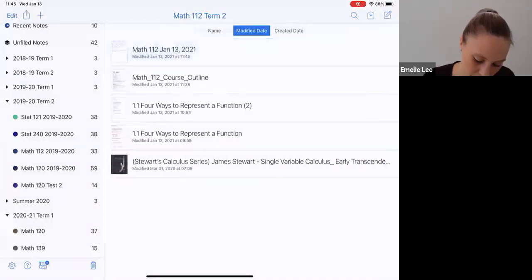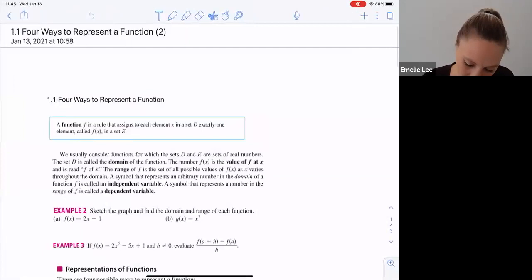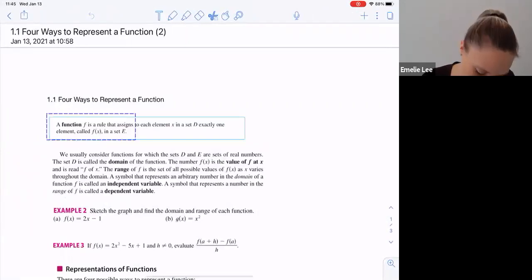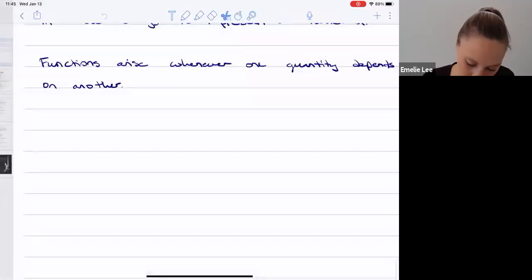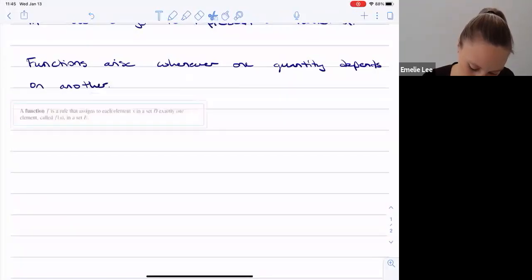So from the notes, I'm just going to grab the definition of a function, so we don't have to write it out.